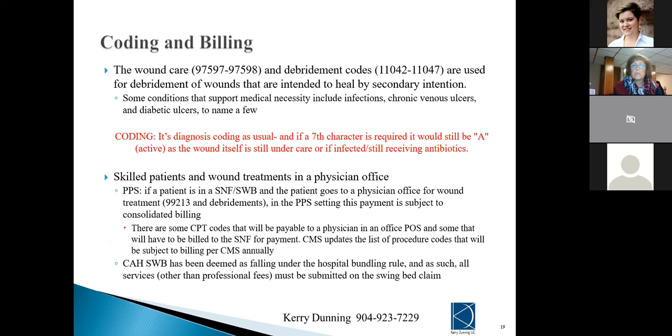The 2 things I really want to go over right now. One is I checked with a lot of coding people, and they said there's nothing unusual or getting studied right now by CMS. In other words, they're not honing in on one thing. It's sort of business as usual. However, several of them mentioned that if a 7th character was required, it would be an A as an active, and that's because one of the reasons they're in your swing bed is they're under your care. It might still be infected.